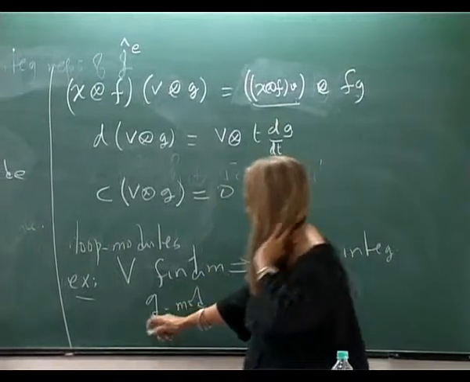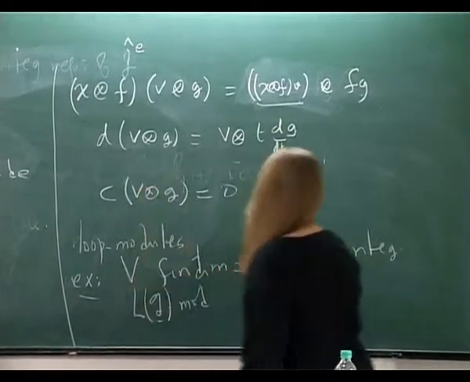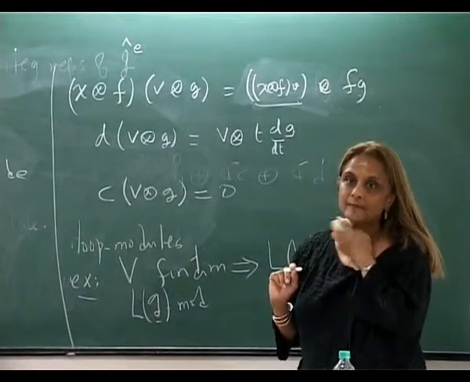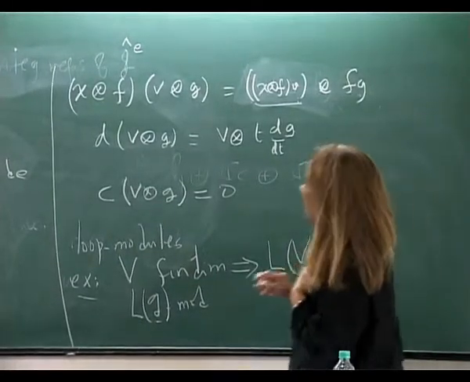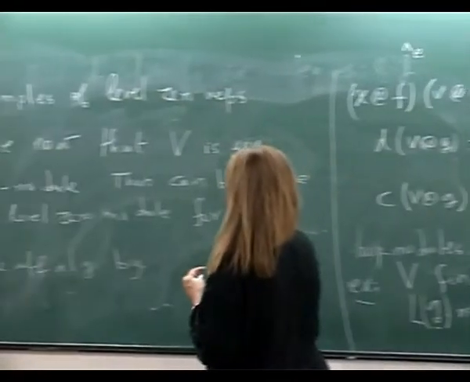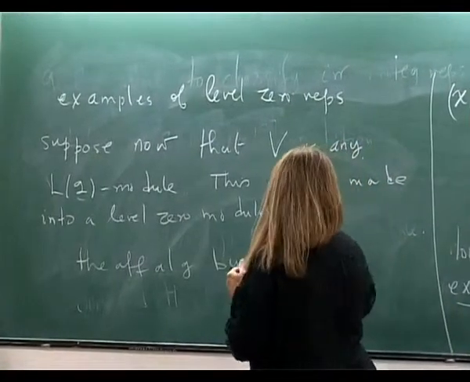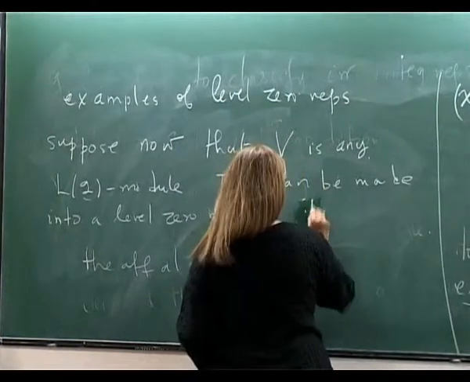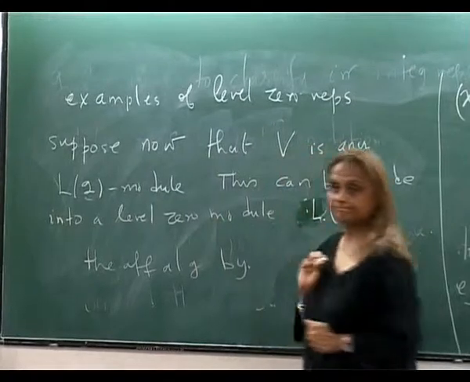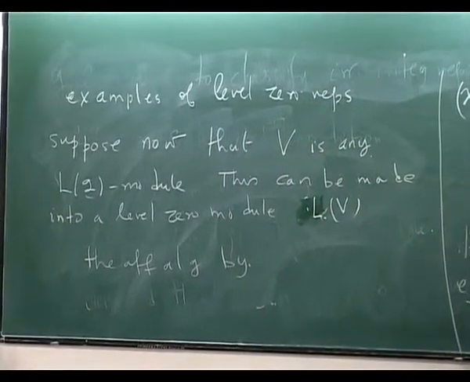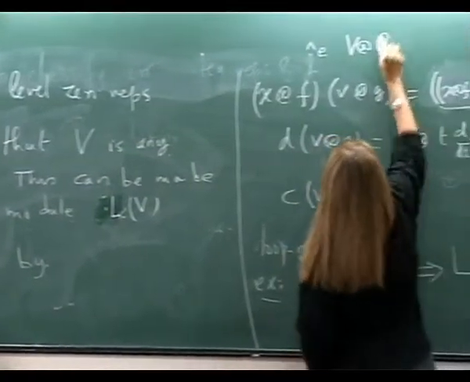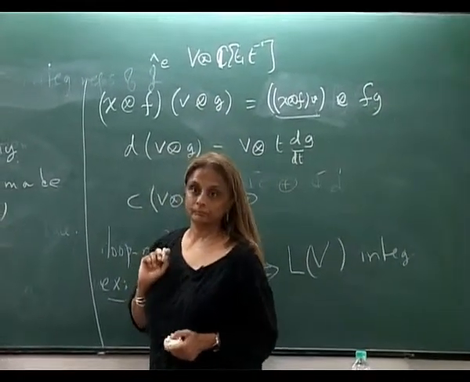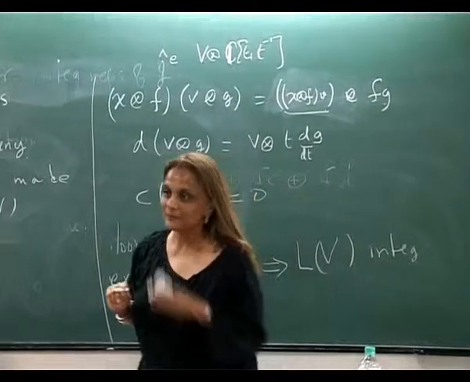And again, if V is a finite dimensional LG module, V is an LG module, but it's not going to be presented as a tensor property. Oh, I'm sorry, this is on L of V. So we turn it into a level 0 module, L of V. So it's going to be on V tensor C[t, t inverse]. Yes, I agree. That's right.